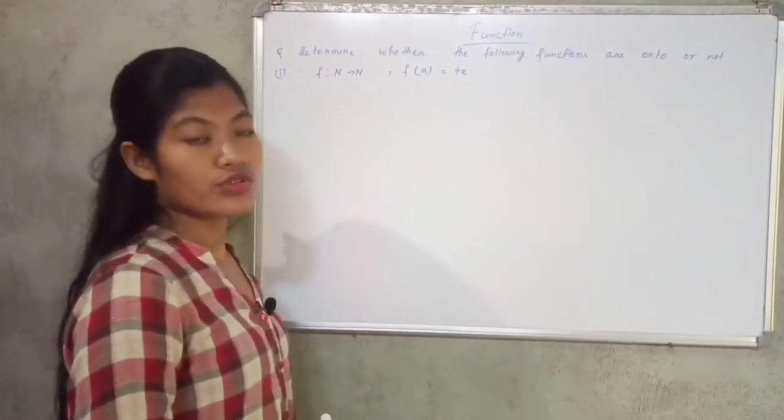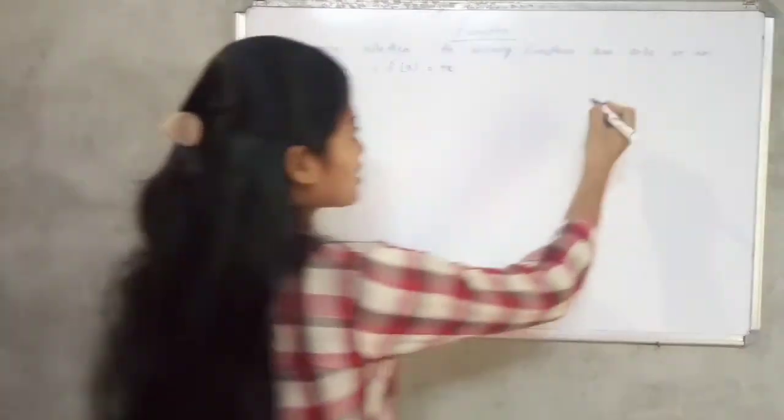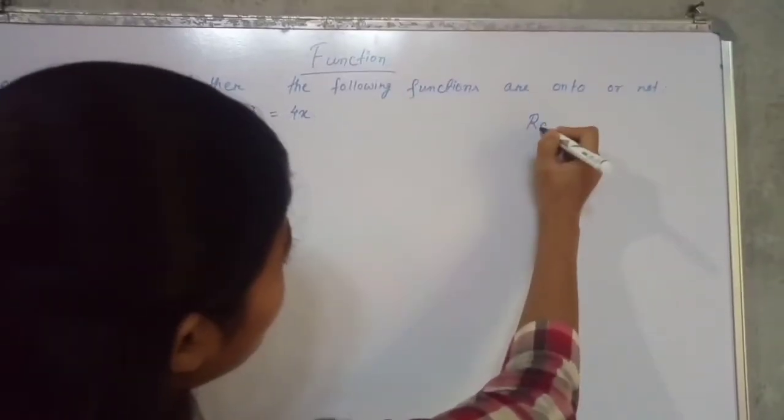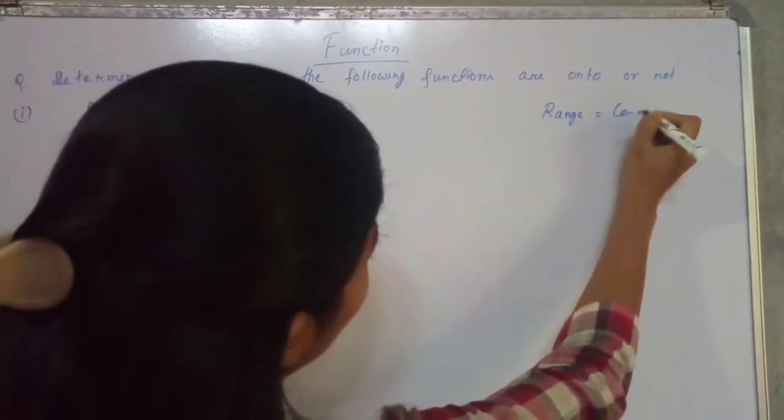So to show onto of a function, there is a point to remember. We need to check, or sometimes we need to show, range of the function equal to codomain of the function.